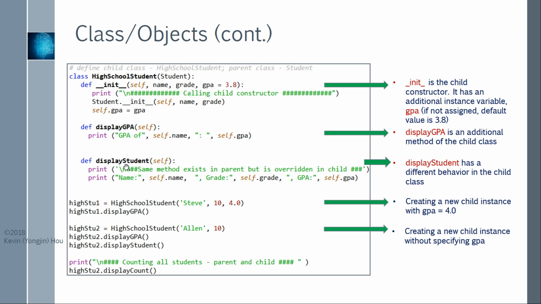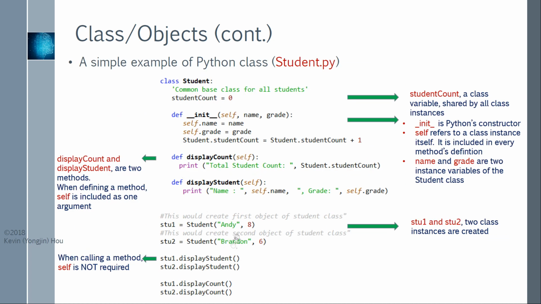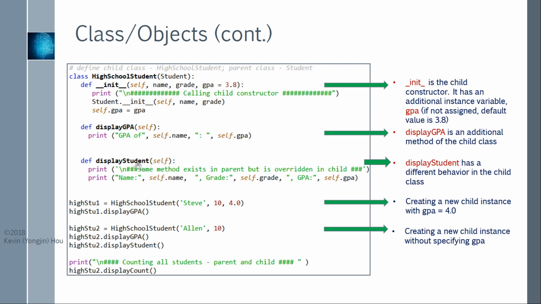Finally, we have a method of display student. You will remember display student also exists in the parent class. But the behavior between the parent class and the child class is slightly different.